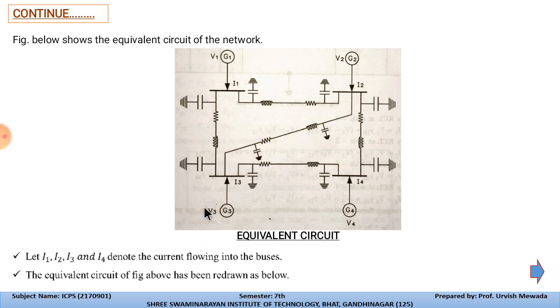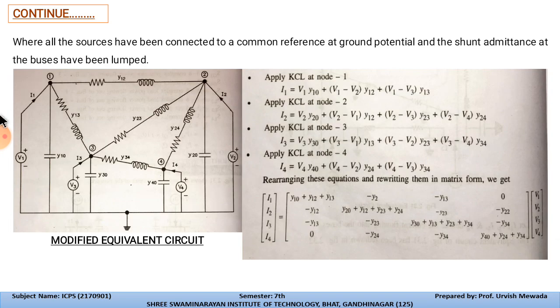Let us discuss all the elements of this equivalent circuit. Let I1, I2, I3 and I4 denote the currents flowing into the bus. So these are the currents which are flowing into the bus, and the equivalent circuit of the figure above has been redrawn as below.